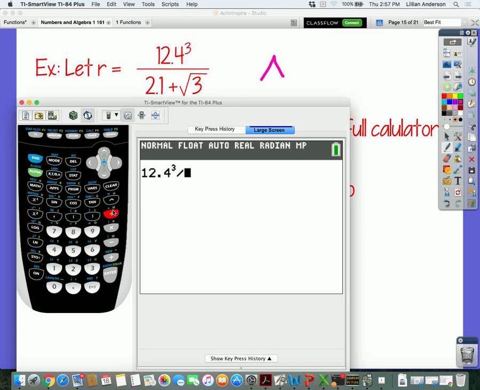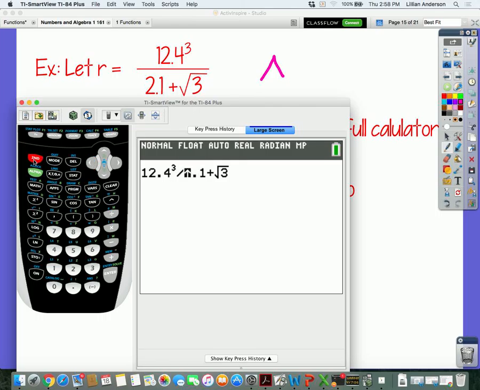So, real quick, if you did this, I want to show you another cool trick. If you were able to type everything in, but you forgot to include your parentheses, this is going to be so helpful, especially when you get to those long problems where you have to do a lot of work in your calculator and say you forget a negative button. Instead of pressing clear and trying all over again, just go over to where you need to put the parenthesis in.